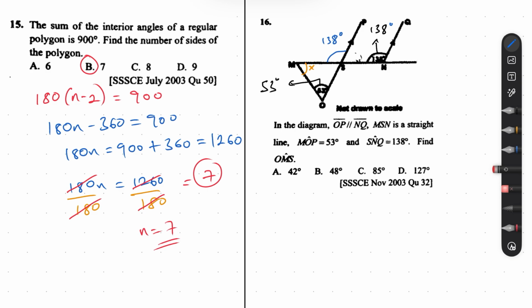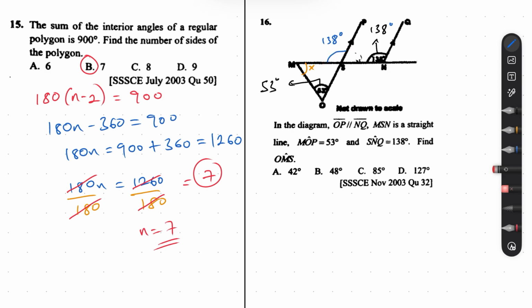We know that in a triangle, when we add two interior angles together, the sum will be equal to the opposite exterior angle.